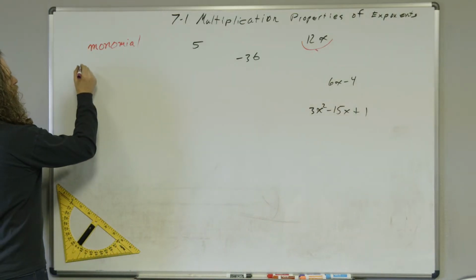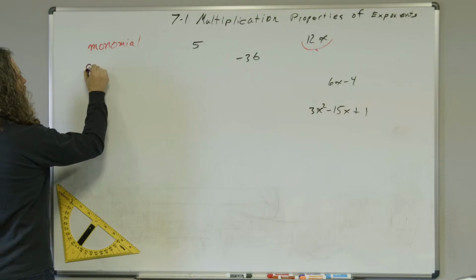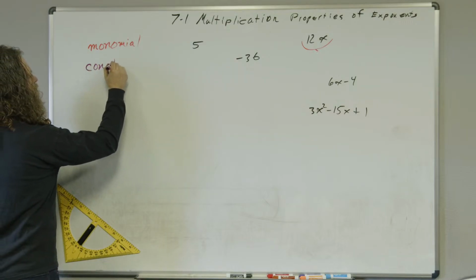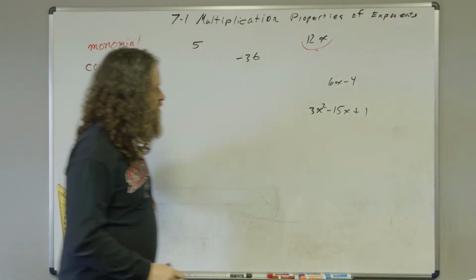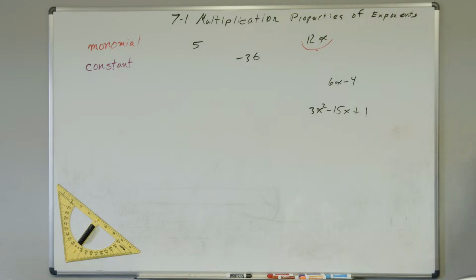Now, there's some other type of thing up on the board. Which one or ones of these is a constant? 6x minus 4. 5? 5 is a constant. That's true.